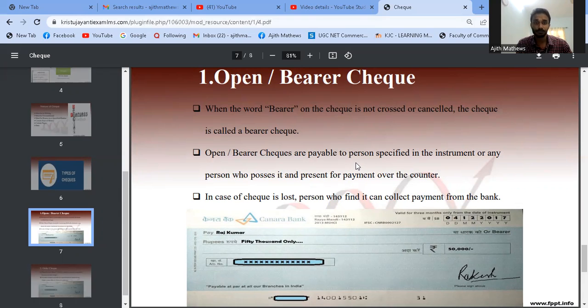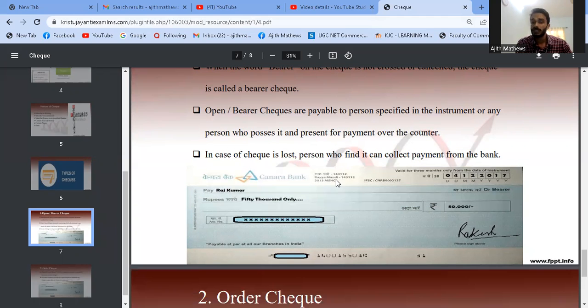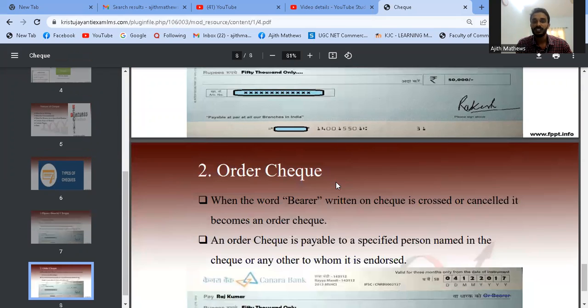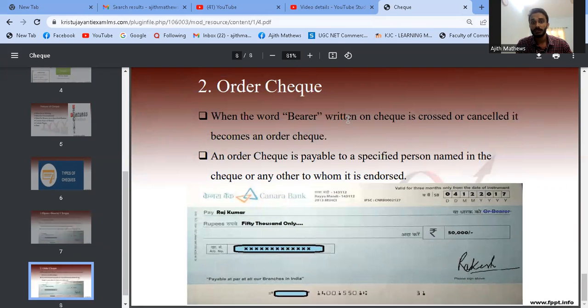Sometimes, if the check is lost, the person who finds it can collect the payment from the bank. So some sort of risk is there. Whoever carries the check can withdraw the amount from the bank. In the case of an order check, where the word bearer is cancelled, once the check is crossed or cancelled, it becomes an order check. Order check means a specified name is mentioned.